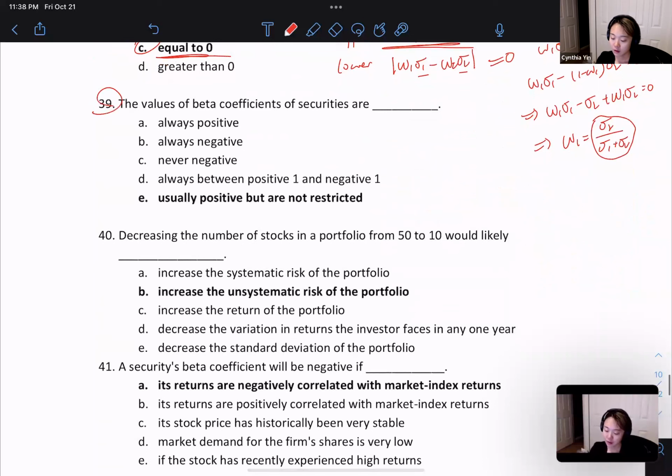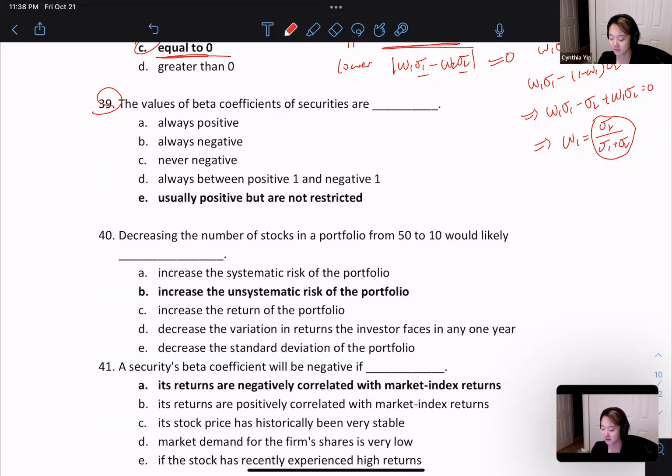39. The value of beta coefficients of securities are what? Always positive? Not necessarily, right? As I told you, it can be negative. Always negative? No, most of the time it's positive. Never negative? No, it can be negative. Always between positive 1 and negative 1?